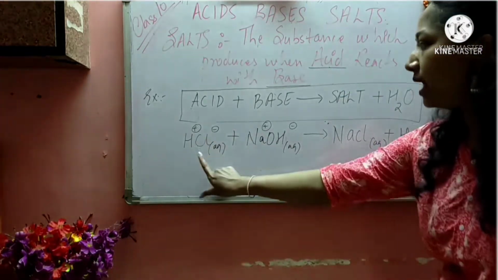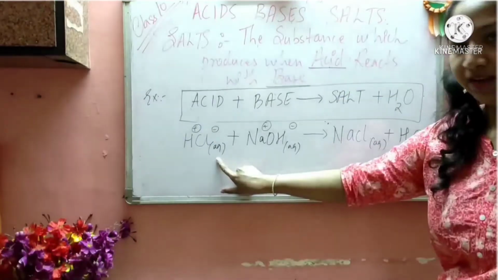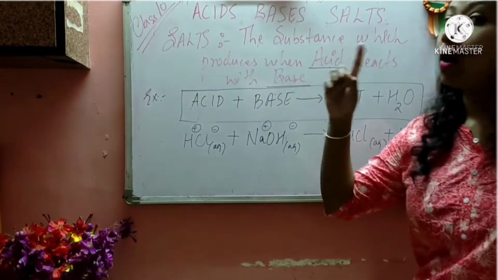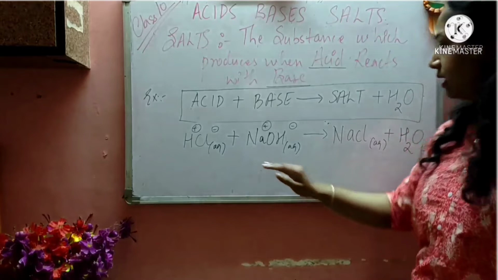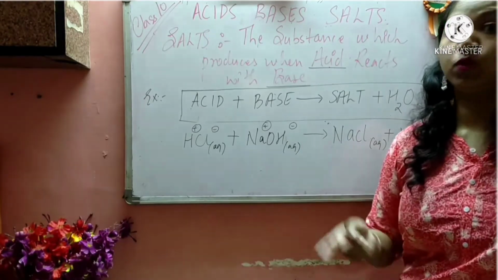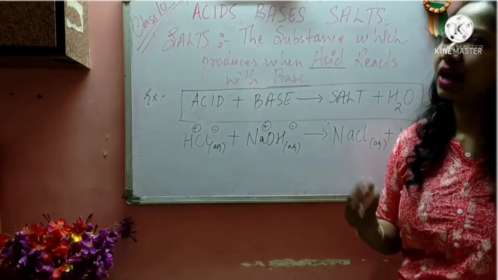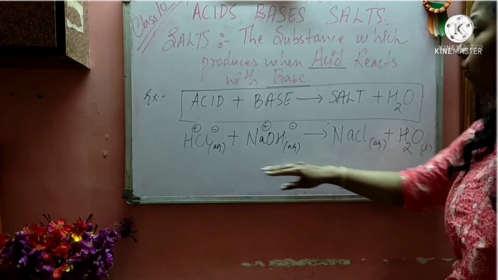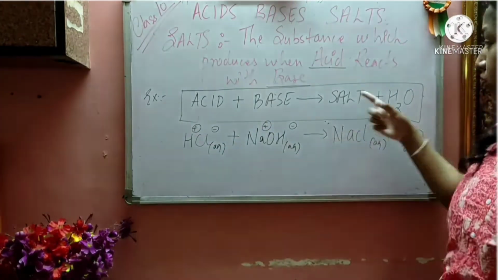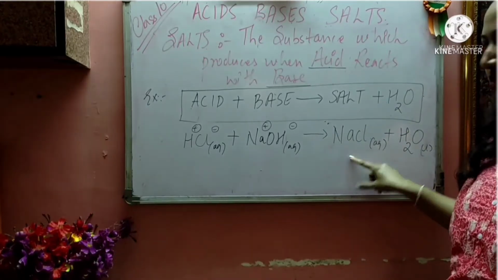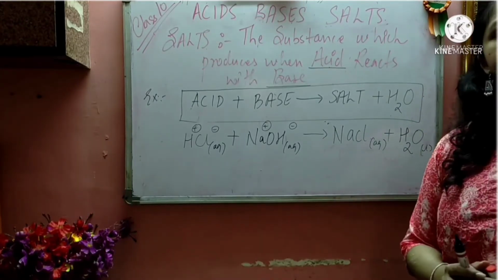So the acid, which is HCl, hydrochloric acid, will always be in aqueous medium. The second is the base, which is sodium hydroxide, in aqueous medium. When this acid and base react, you are going to get salt and water.